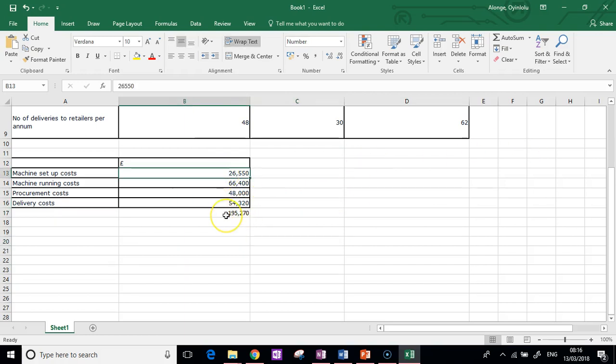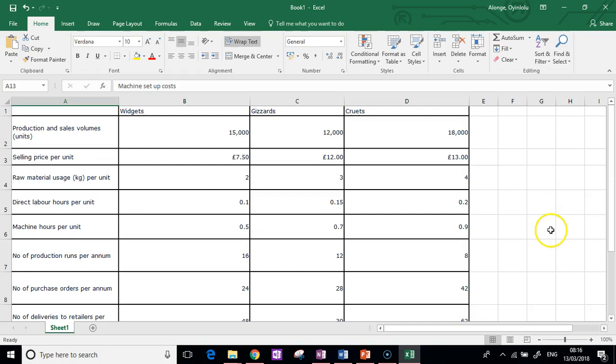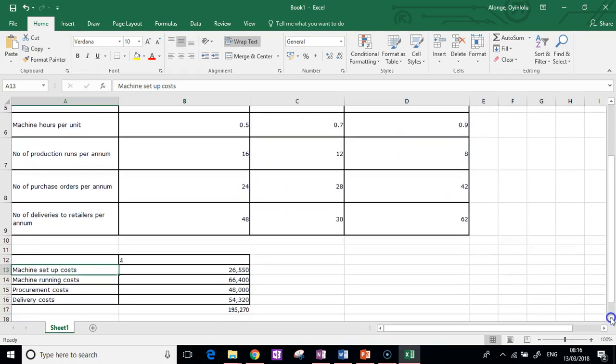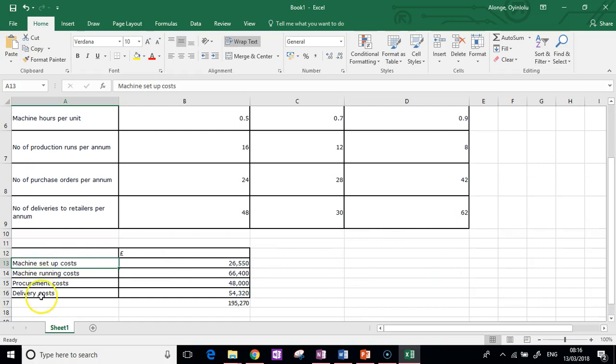As opposed to where I was saying that this 195 was being driven by labor, I'm telling you that I can actually tell you what's driving them. For example, the first one is machine setup costs, and it's being driven by what we refer to as cost drivers. So we have delivery, procurement, running, and machine setup.